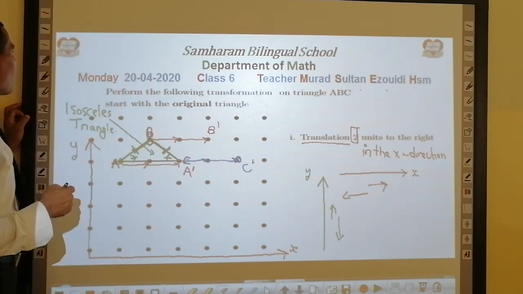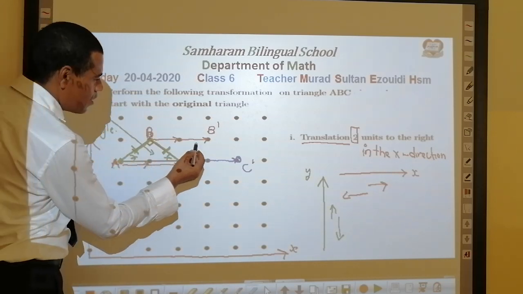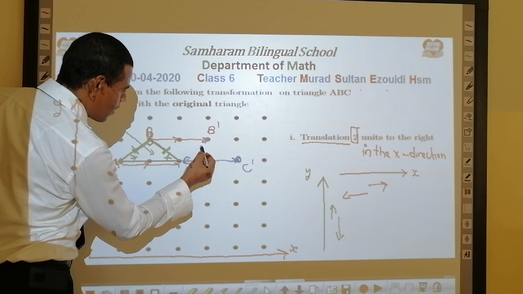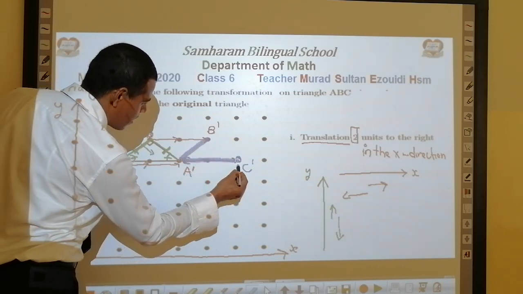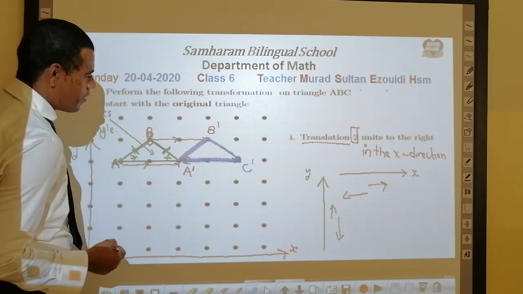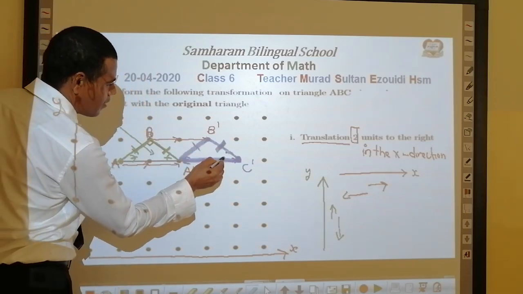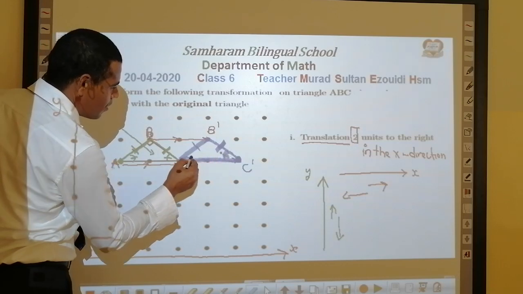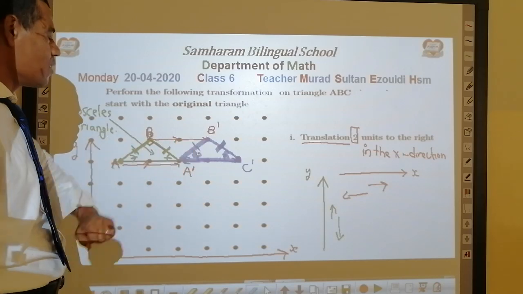Now my kids, I will draw the image, like that. This is my triangle. You can see this side is equal to this side, and this angle is also equal to the next angle. Why? Because it's an isosceles triangle.